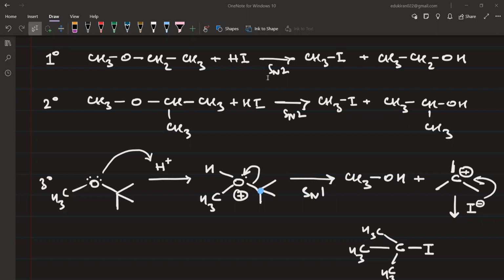Why? Because there is a formation of a 3-degree carbocation. This 3-degree carbocation is more stable, and that is why it is formed. In order to make a product, this SN1 pathway is more efficient. That is why our organic chemistry molecules are using the SN1 pathway.